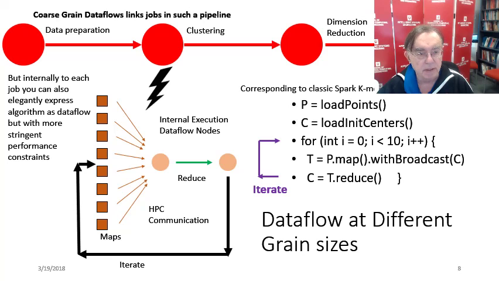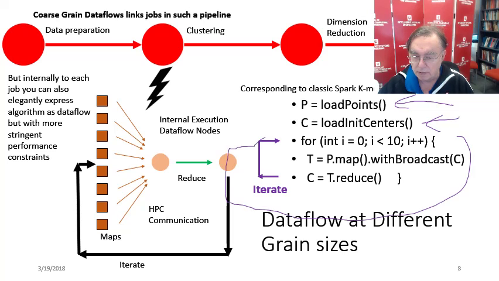Okay, here we come to the more formal specification of this. You load the points in parallel into the different tasks. You initialize the centers. And then you iterate the following code.